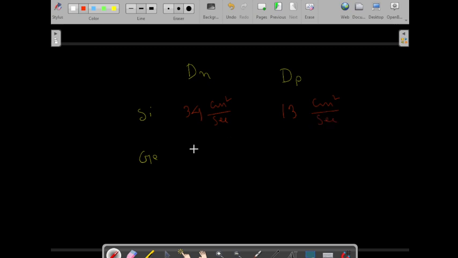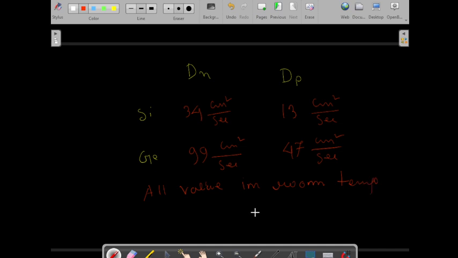For germanium, Dn is 99 square centimeter per second and Dp is 47 square centimeter per second. All values are at room temperature, or T equal to 300 K.